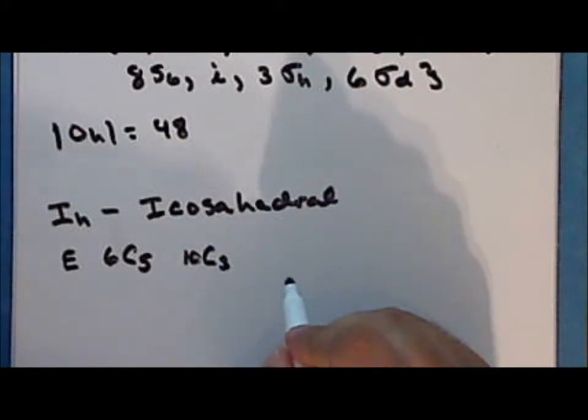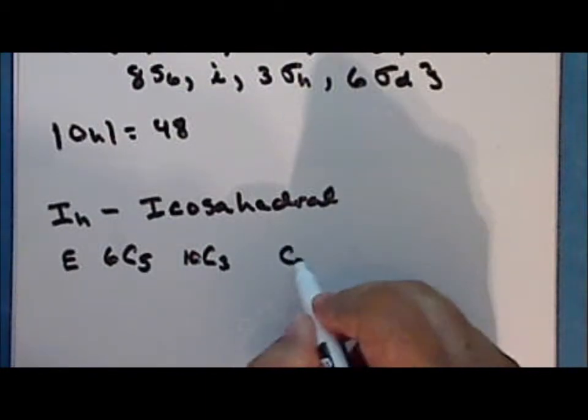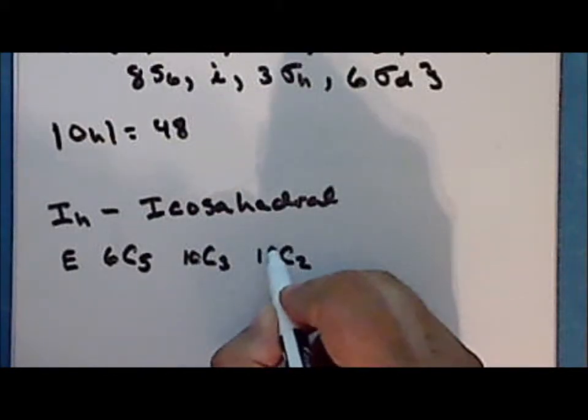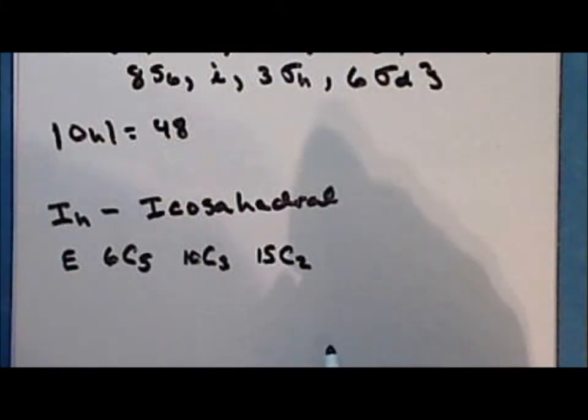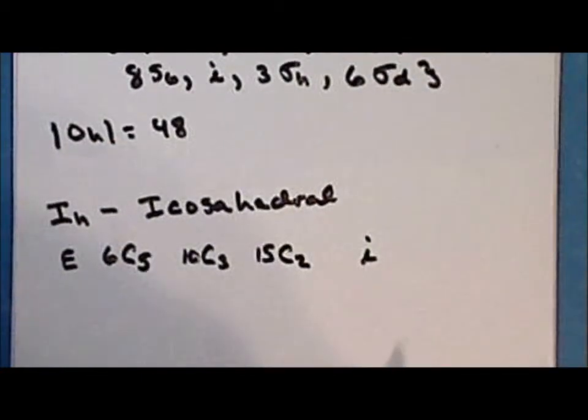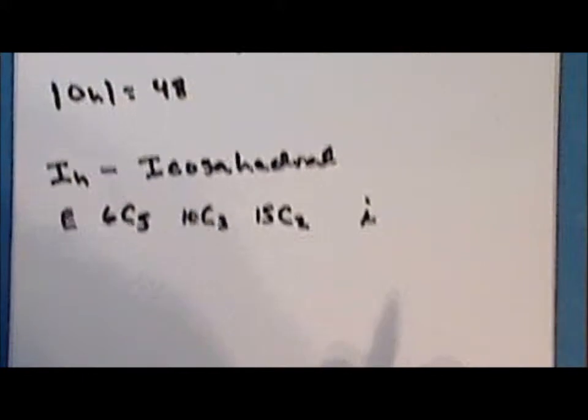And an axis that passes through the midpoints of opposite edges is a C2 axis, and with 30 edges divided by 2, that gives us 15 of those. And an icosahedron does have an inversion center, which is the center of the icosahedron.